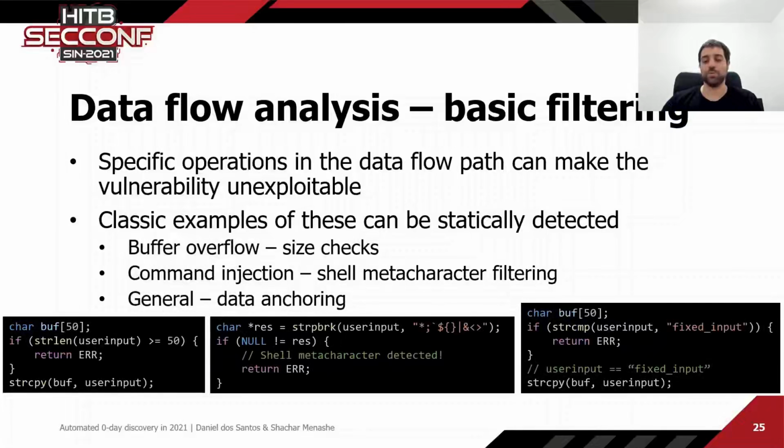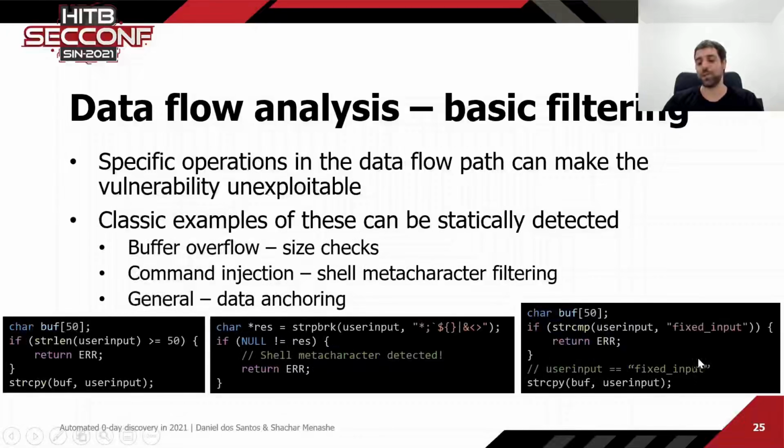So from this place forward, I actually know that user input has to be exactly the string fixed input. So from this place forward, I don't tag this variable as actual user input or external input, because it has to be a very specific constant input. So from this place forward in the program, from the analysis side, it's regarded as a constant. It's not really interesting anymore.